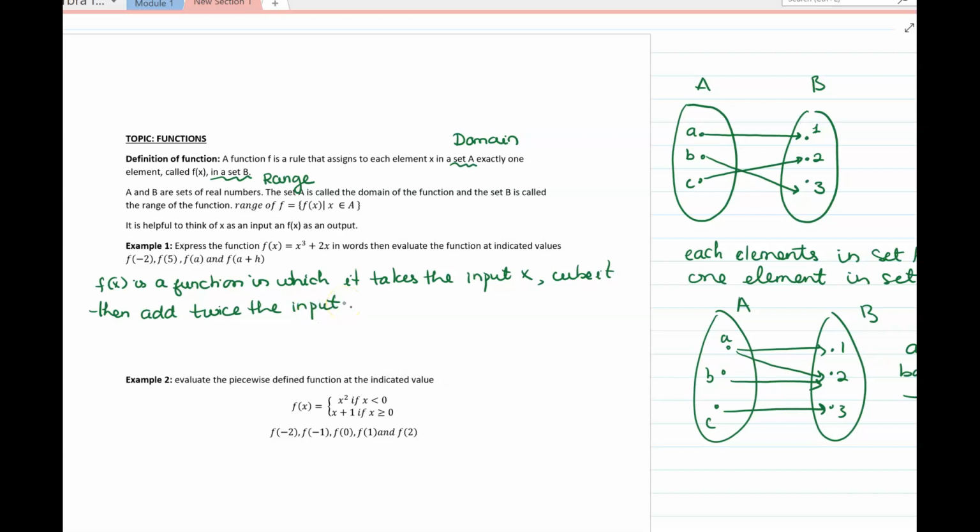Okay. So let's evaluate this function at each of the input values.